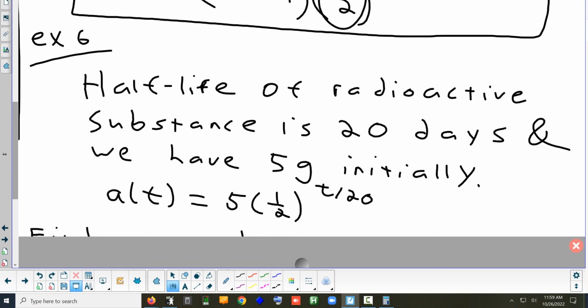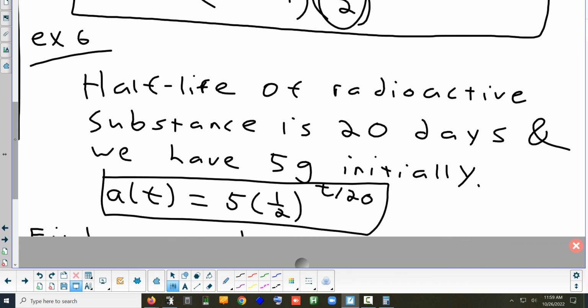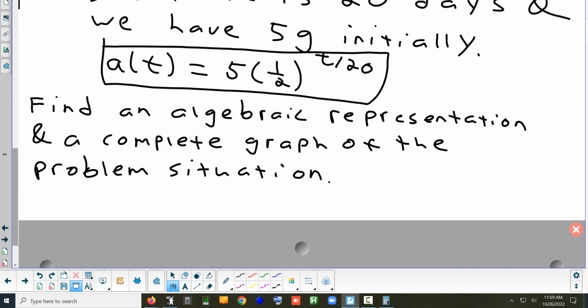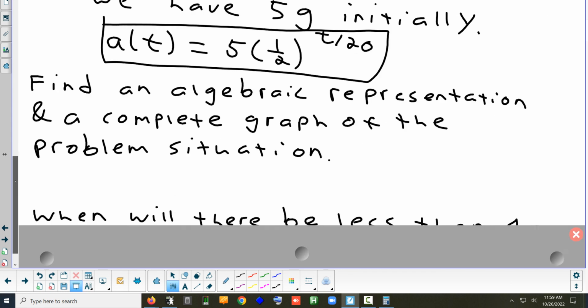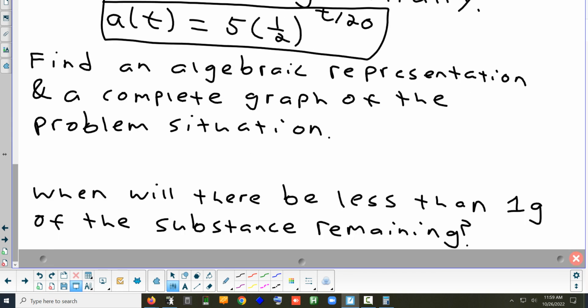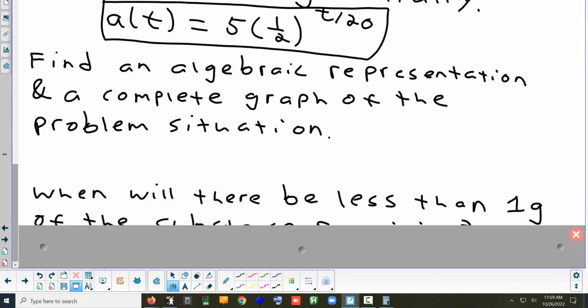Because if 60 days have gone by, that exponent needs to be a 3, because that's 3 halving cycles, 3 half-lives. So there's your formula. Oh, so that's that part. So that's the formula. And then it says, when will there be less than 5 grams remaining?